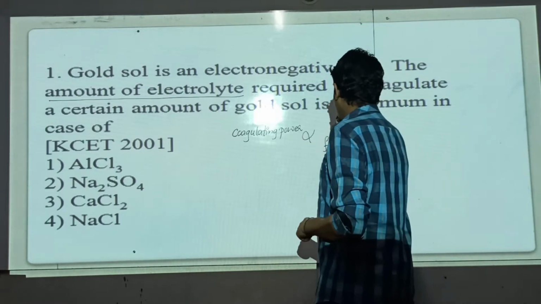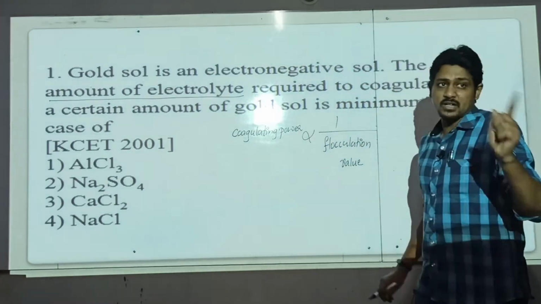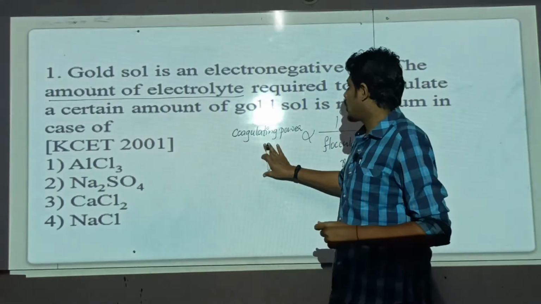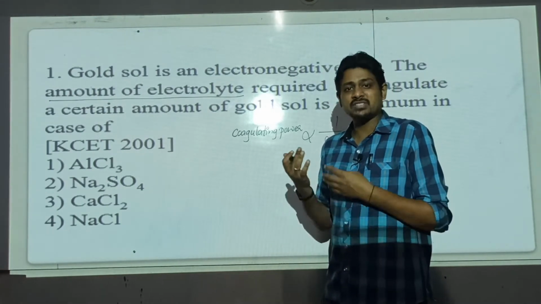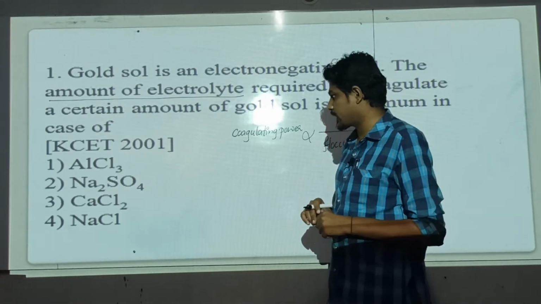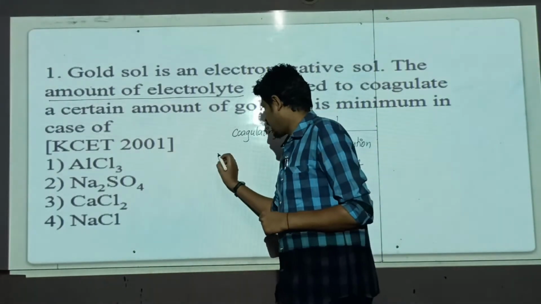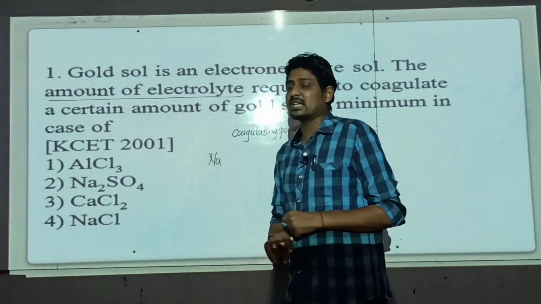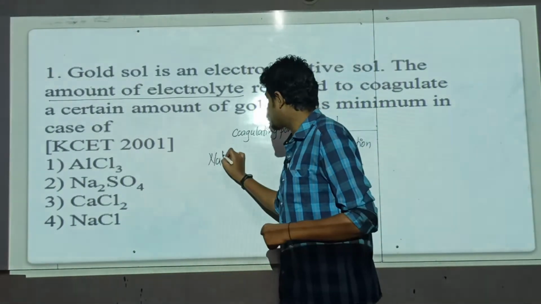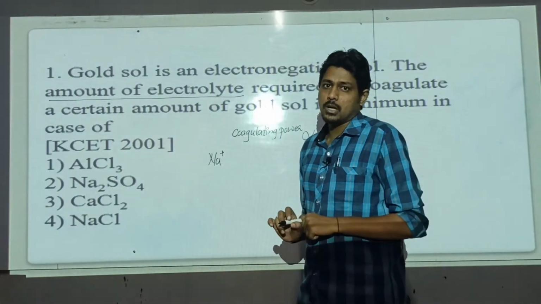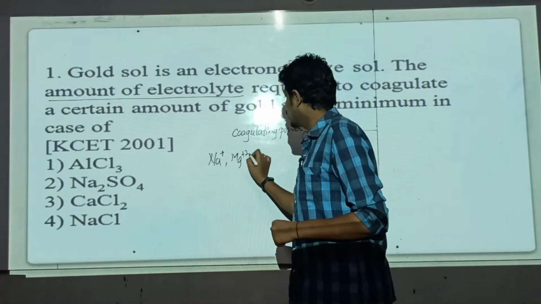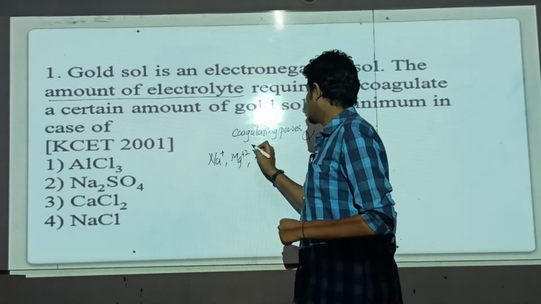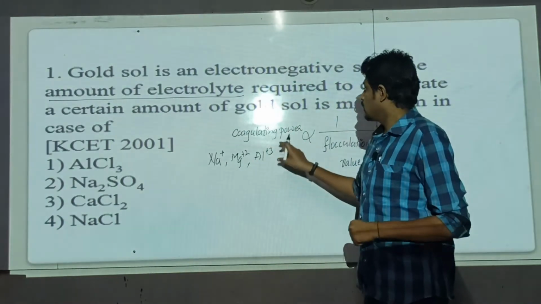These two are inversely proportional. First, understand what is meant by coagulating power. Coagulating power means the oxidation state of the cation or the anion. For example, if I take positively charged ions, sodium has only one oxidation state, that is +1, then magnesium +2, then aluminium has +3.